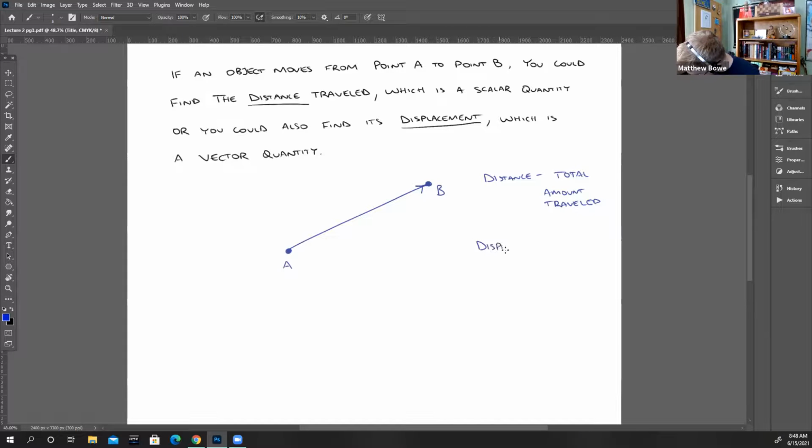Displacement, think of it as the difference between where you start and stop.